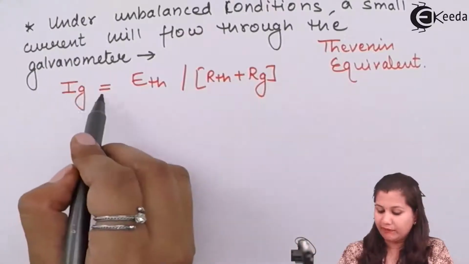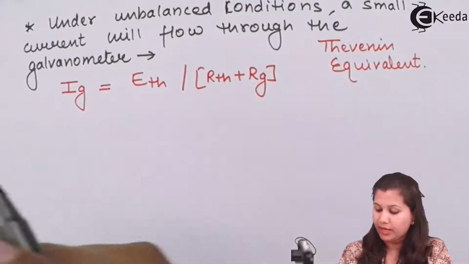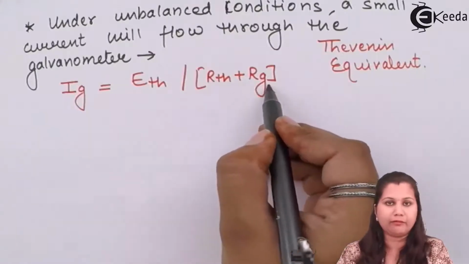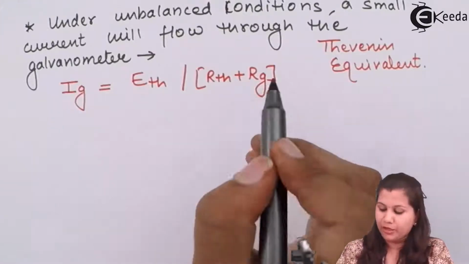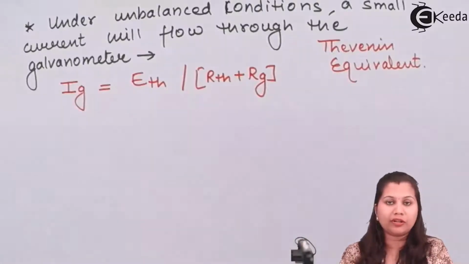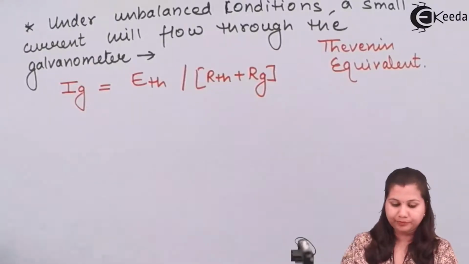So this current is given by ETH, that is the Thevenin equivalent voltage, divided by the Thevenin equivalent resistance plus the galvanometer resistance. So through this formula, we can find out the small amount of current that is flowing through the galvanometer when the Wheatstone Bridge is unbalanced.